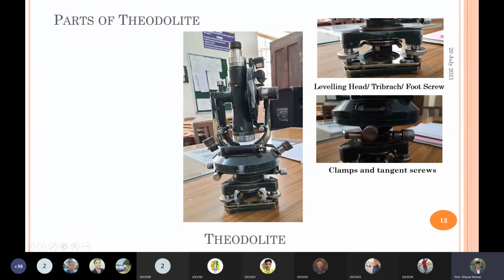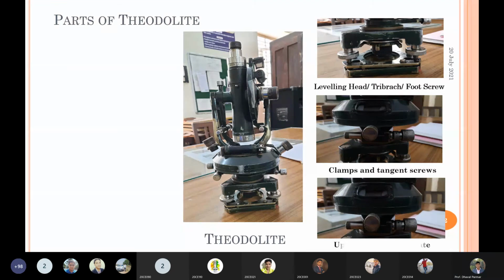This one is the upper clamp, this one is the lower tangent, and on the other side there is a lower clamp and upper tangent. In the figure you can see the A side and the B side. So upper clamp with lower tangent and lower clamp with upper tangent, at each side. Understood? So these clamps and tangent screws are used to lock and unlock the upper plate and lower plate.